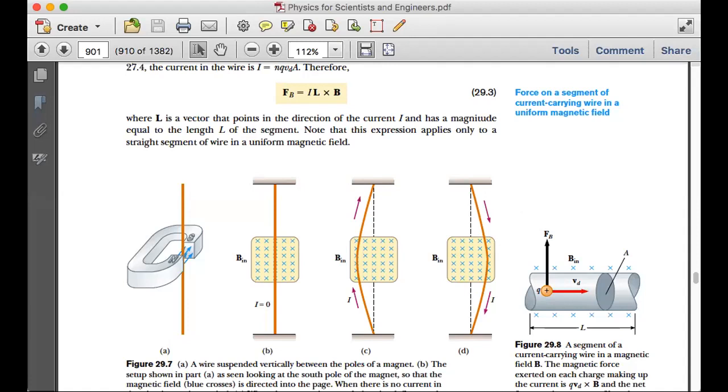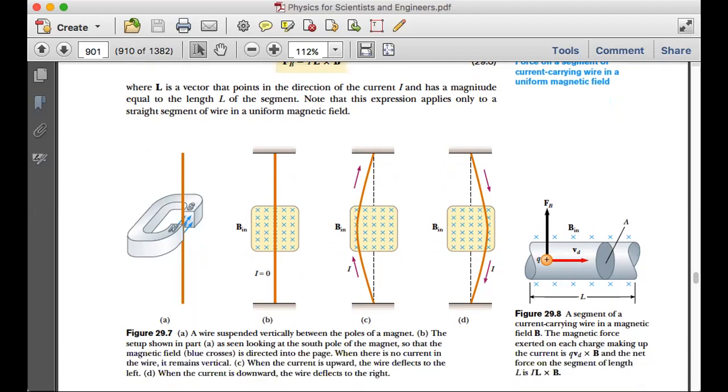Is there any question? So this is like the right-hand rule, right, sir? Yeah, exactly.